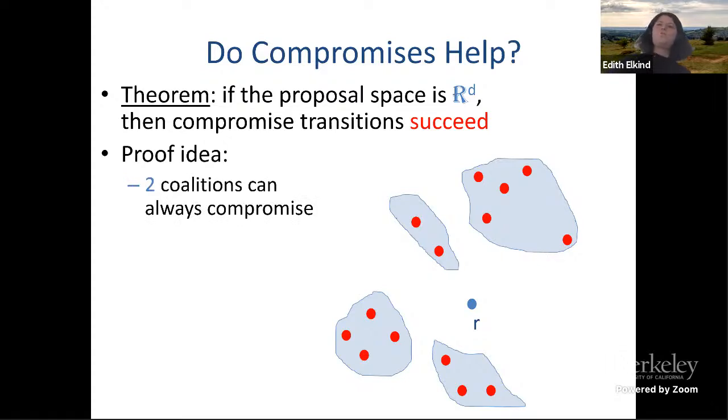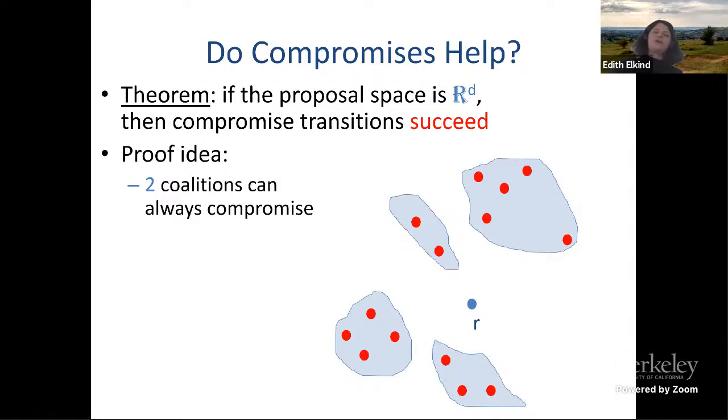I'm at this point when no more compromises are available. So now I'm looking at my coalition structure. I ask how many coalitions are there? Suppose I'm left with just 2 coalitions, but none of them supports a majority supported proposal. That's impossible because if I have 2 coalitions, they can always compromise.